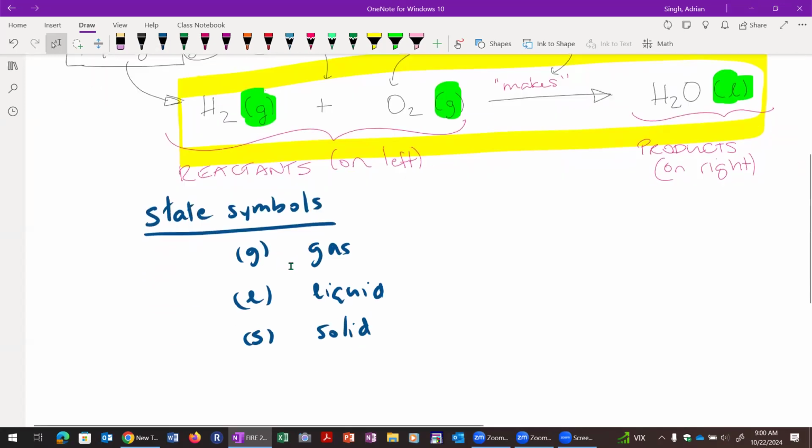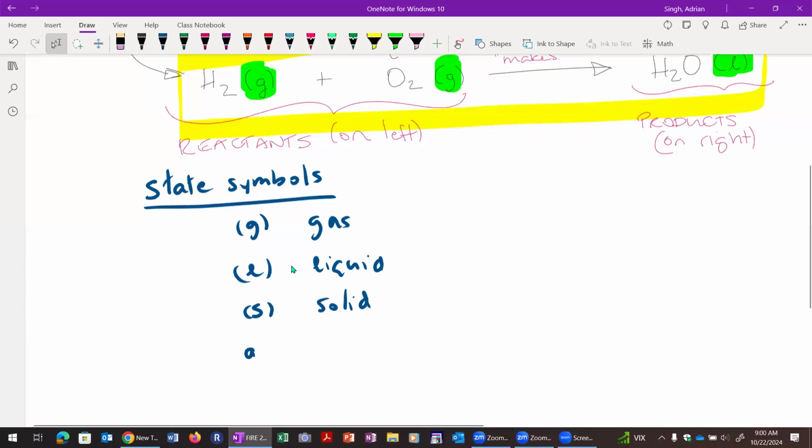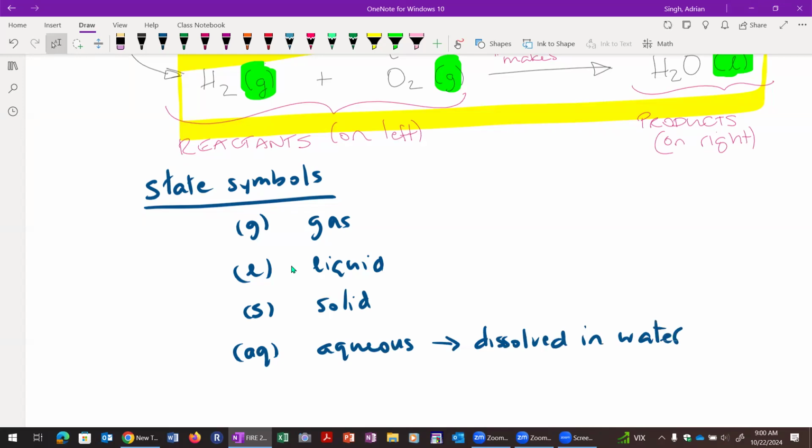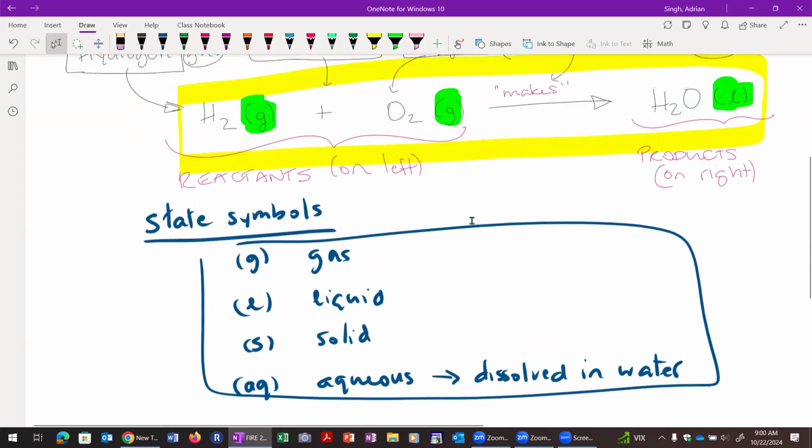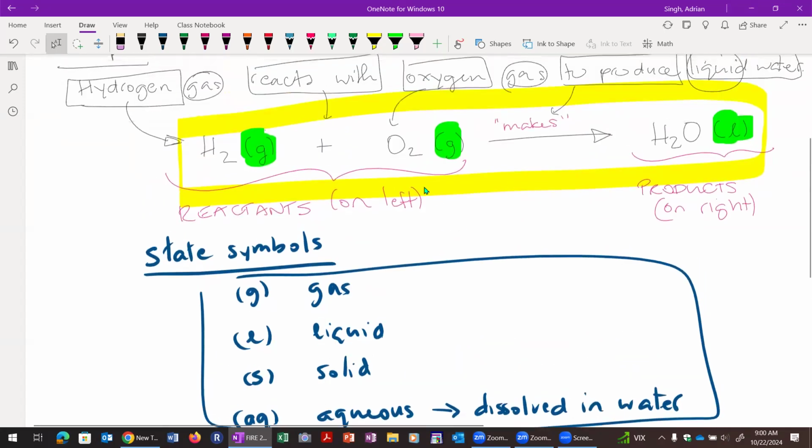There's a fourth one that we're going to see, which is aq, and that stands for aqueous. What aqueous means is that whatever it is, it's dissolved in water. Those are the four state symbols that we're going to see. In some cases, you may also see something written either above or below the arrow.